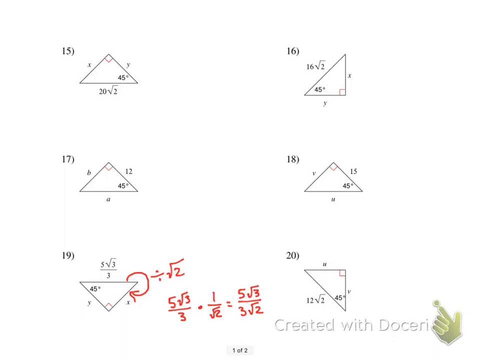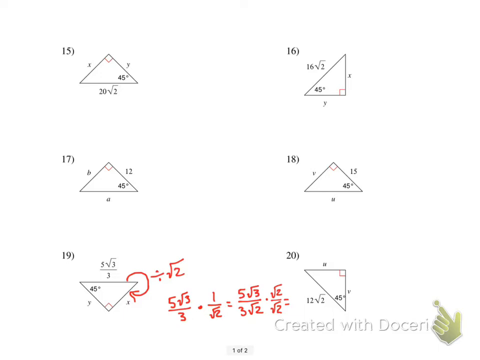Well, remember, all we're going to do at this point, because that is technically our answer, but we don't like the form that it's in, is multiply by square root of 2 over square root of 2 so we can rationalize the denominator.